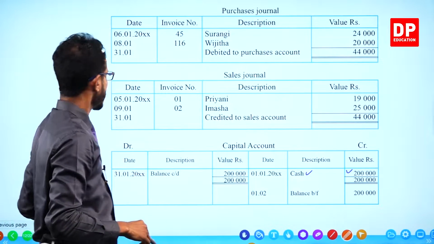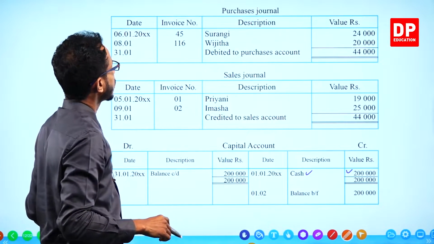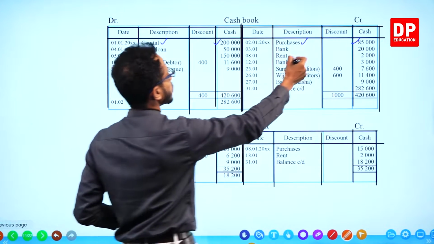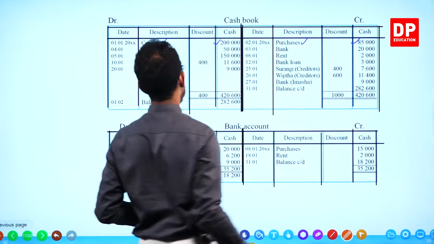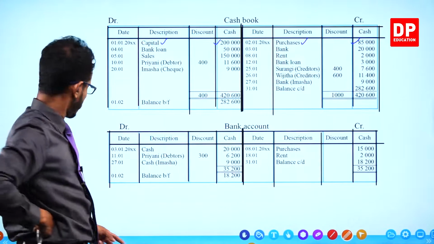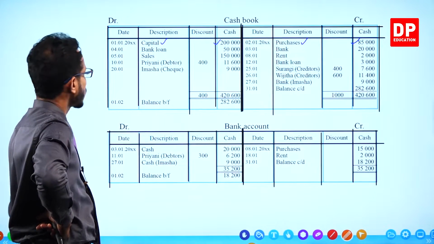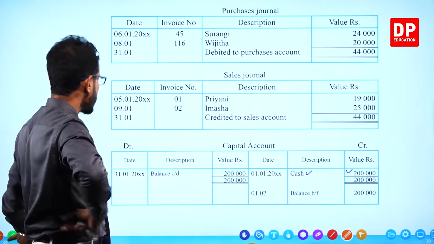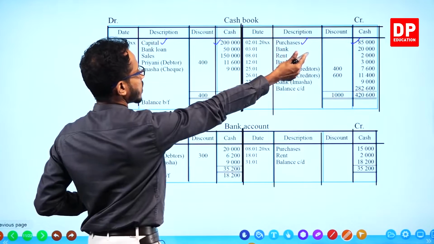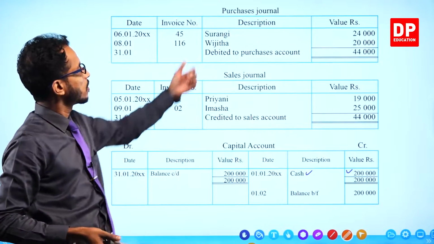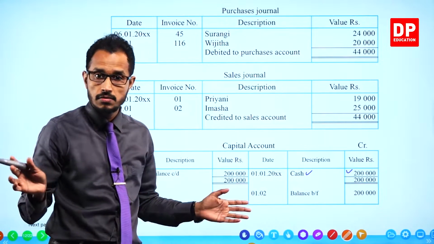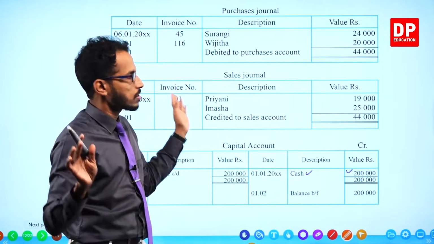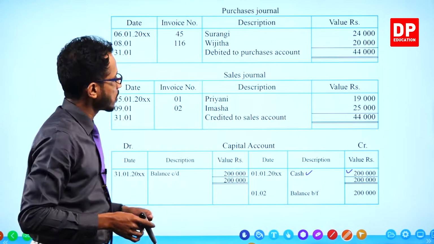Debit purchases, credit cash, 85,000. It's done. It's double entry, debited and credited.